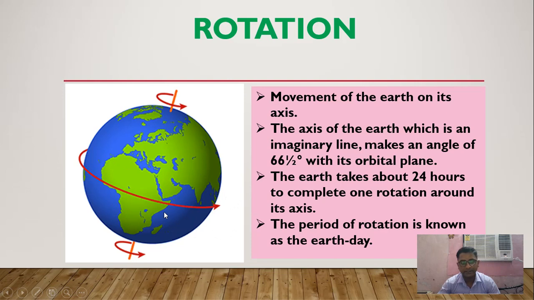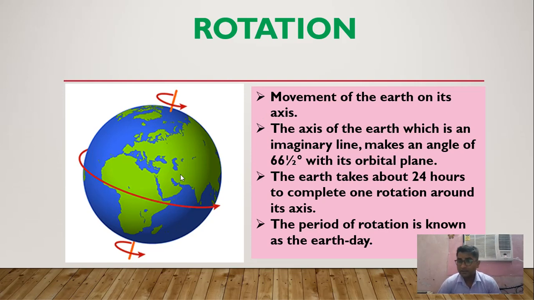So it rotates. Our Earth rotates around its axis. This is the axis. So movement of earth on its axis is known as rotation.